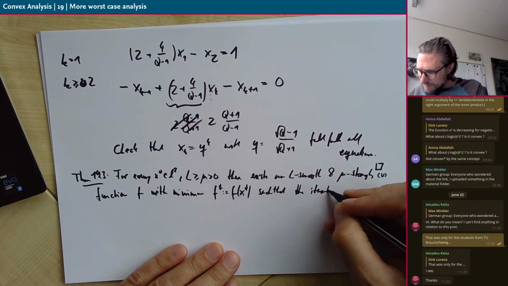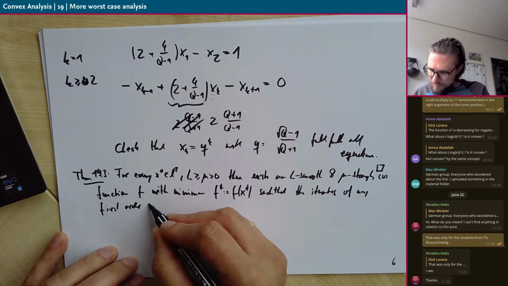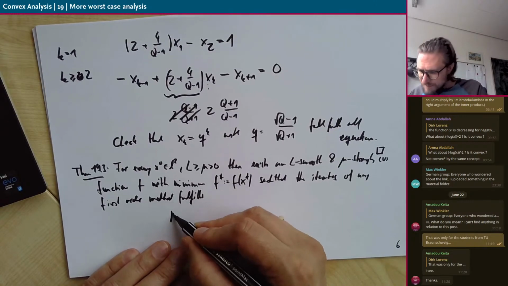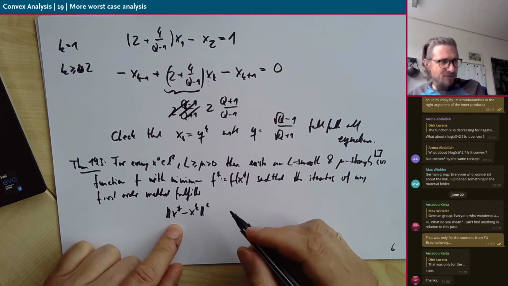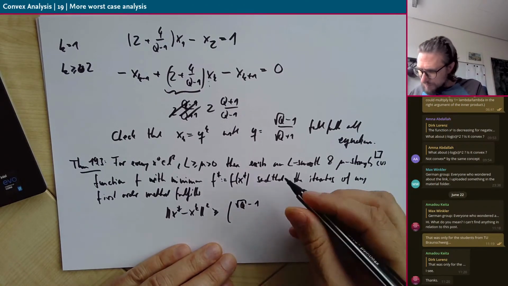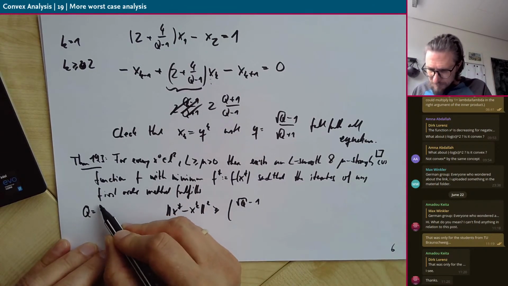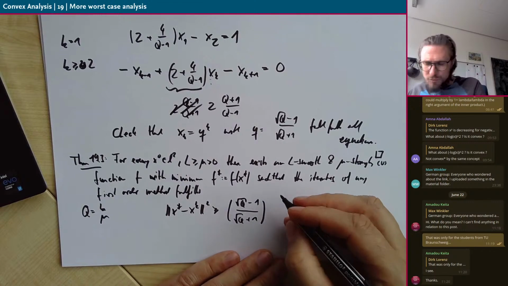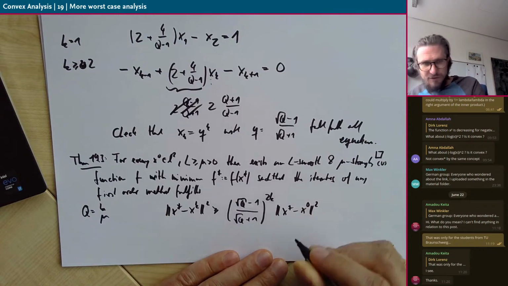the iterates of any first order method fulfill the following: the distance between the kth iterate and the optimum is bounded from below by square root of q minus 1 divided by square root of q plus 1, to the 2k, times the initial distance.